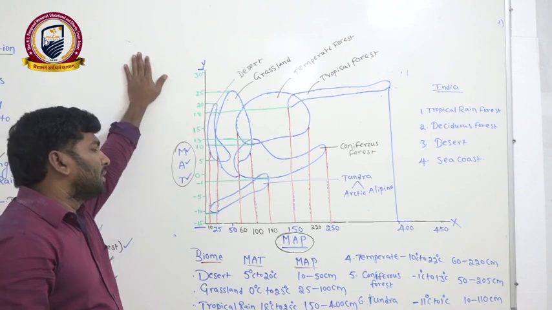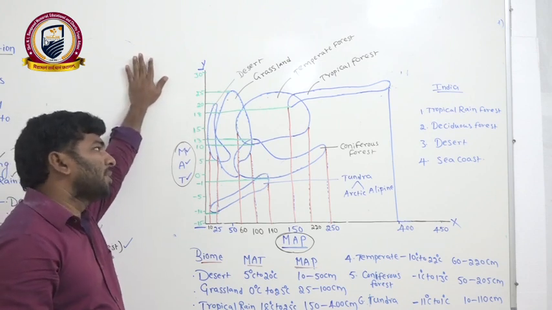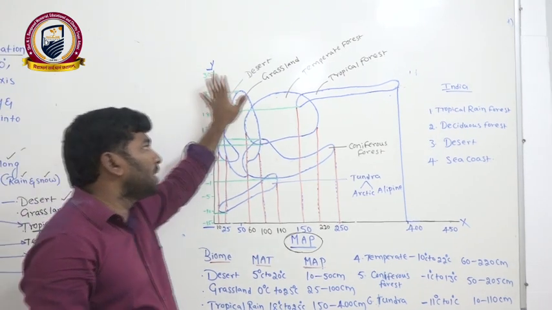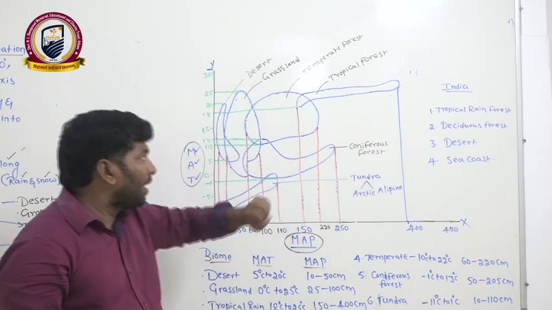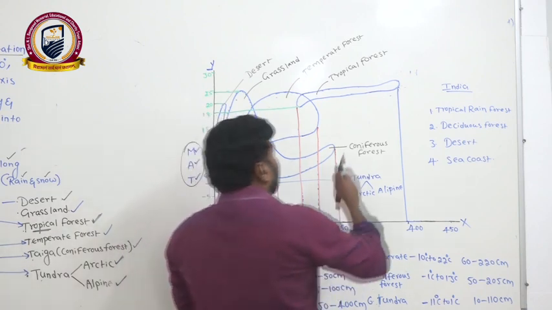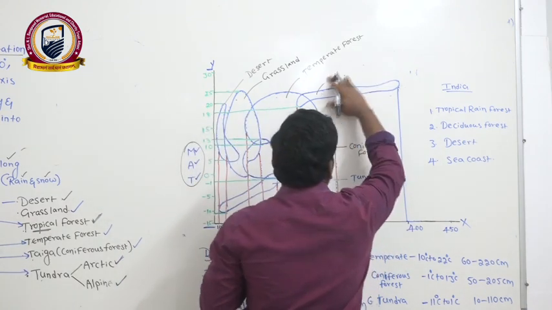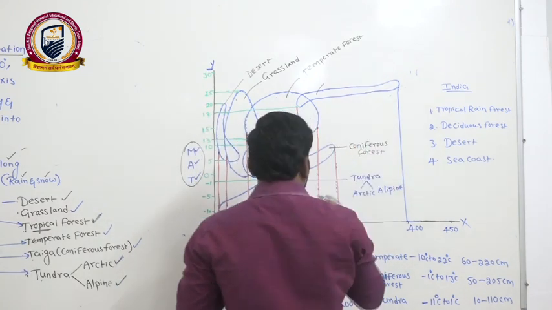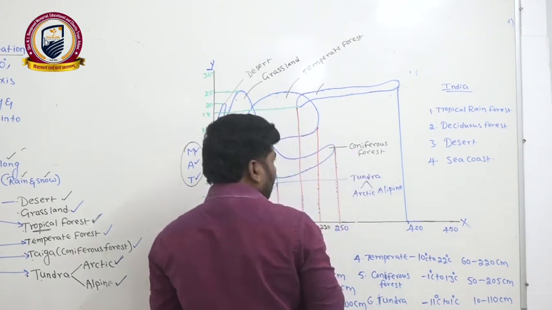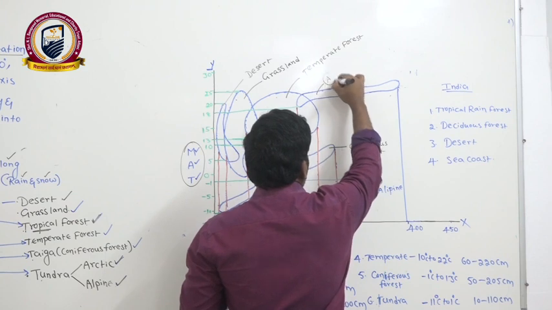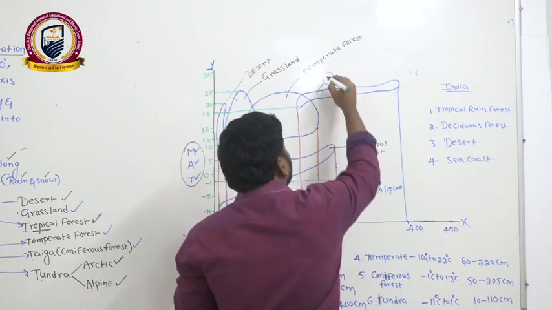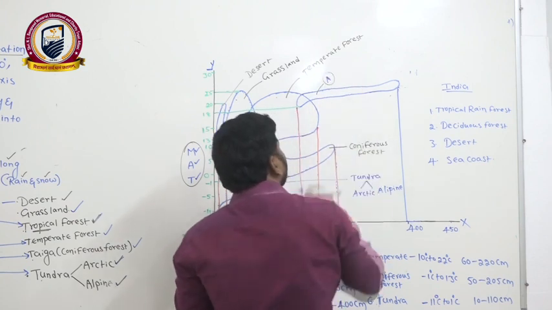Here we will get NEET questions. Many times they ask questions where they give these diagrams in the question paper. For example, they will remove the name of the forest, give an empty diagram, and ask for the labelling. What does A indicate in this biome, they will ask.